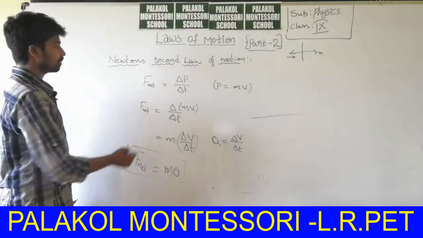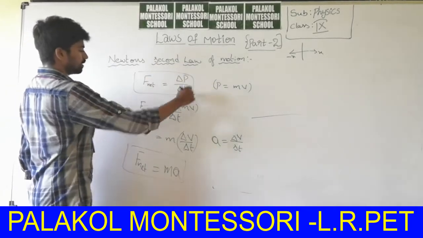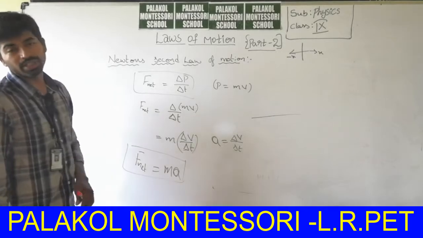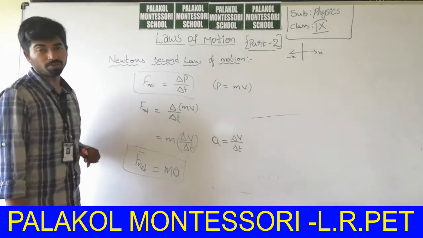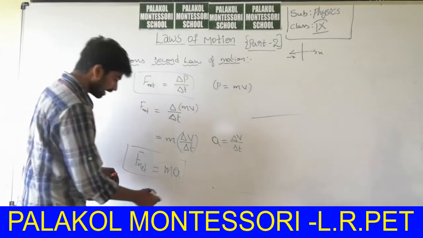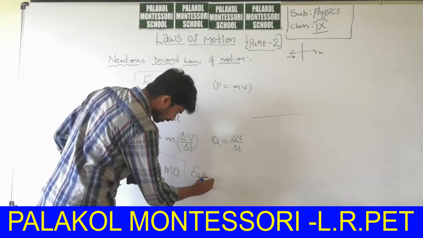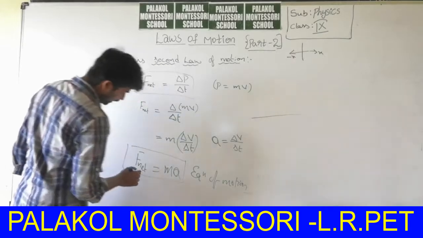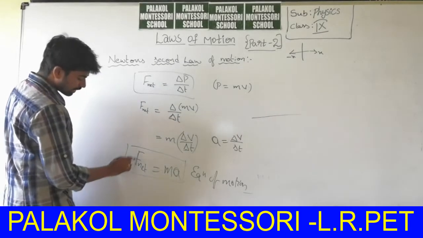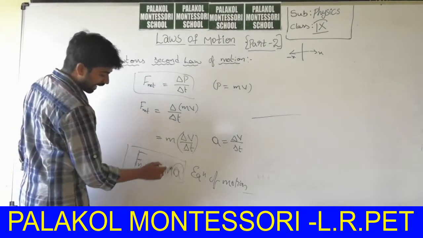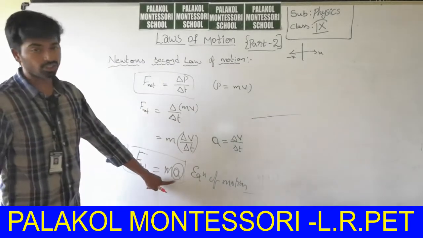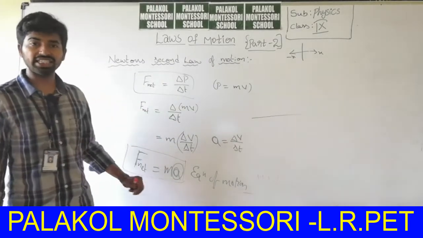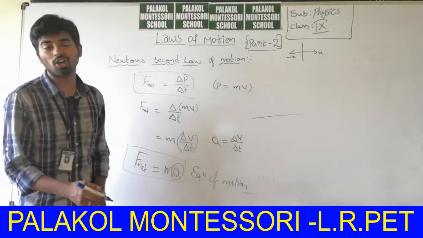This is the initial first form, and this is another form of Newton's second law of motion. We will call this the equation of motion. So, what is it saying? If a net force acts on the object, it will accelerate the object.